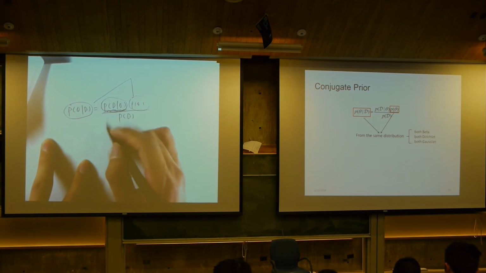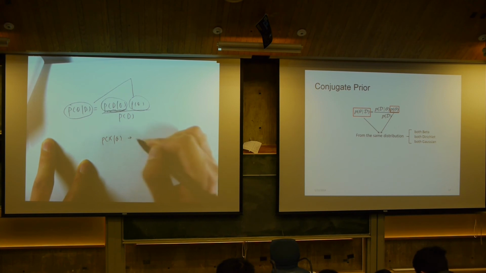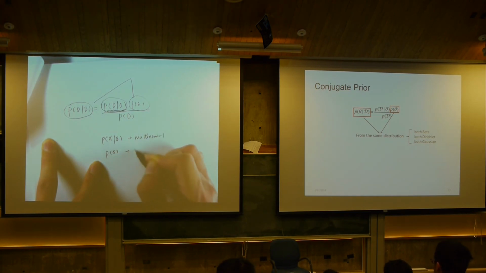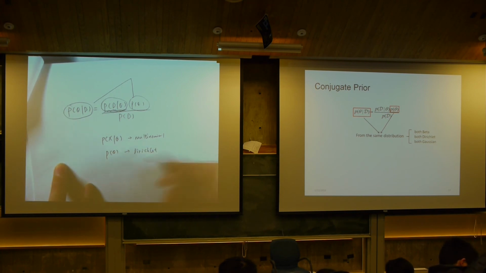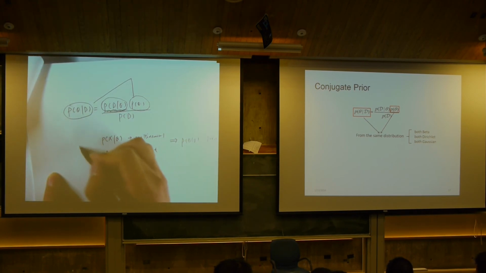So if the data is multinomial and the prior p(theta) here is Dirichlet, we will get p(theta | D) also Dirichlet. This is one case.